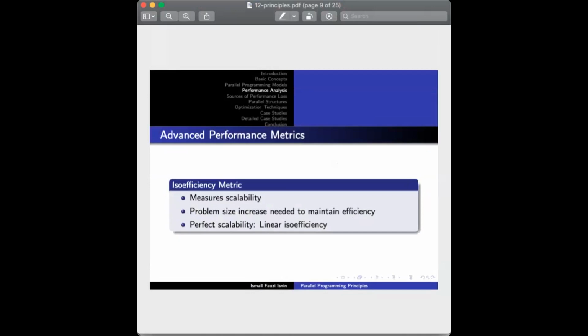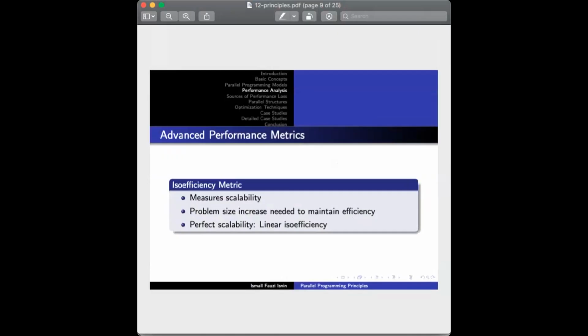If an application possesses perfect scalability, it exhibits a linear isoefficiency relation, meaning if you double your processors, you only need to double your problem size to maintain peak hardware utilization.